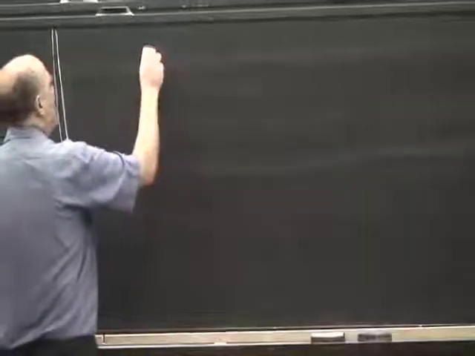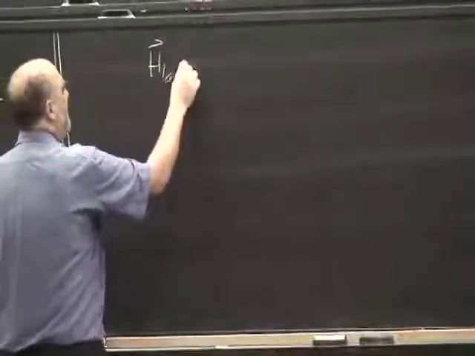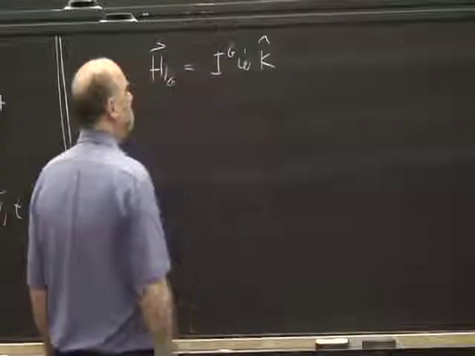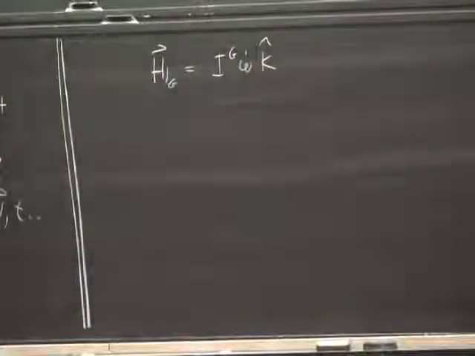So we can turn this into: h dot relative to G is just Ig omega dot k for a rigid object.